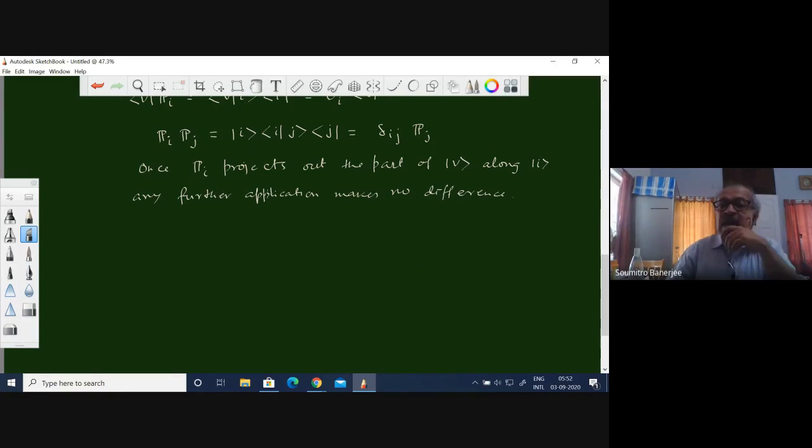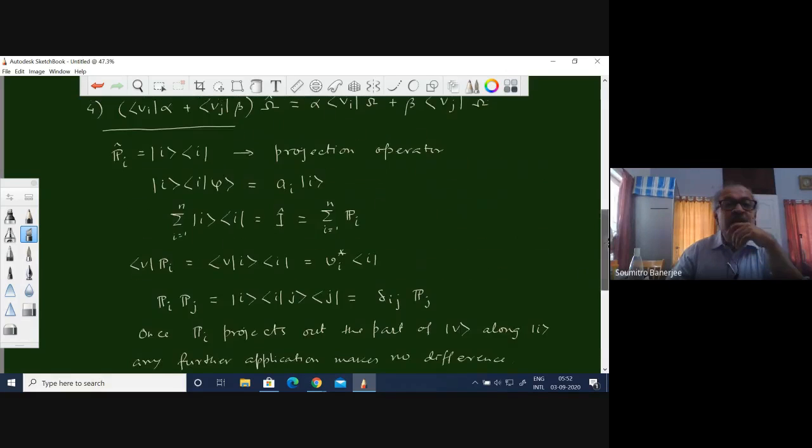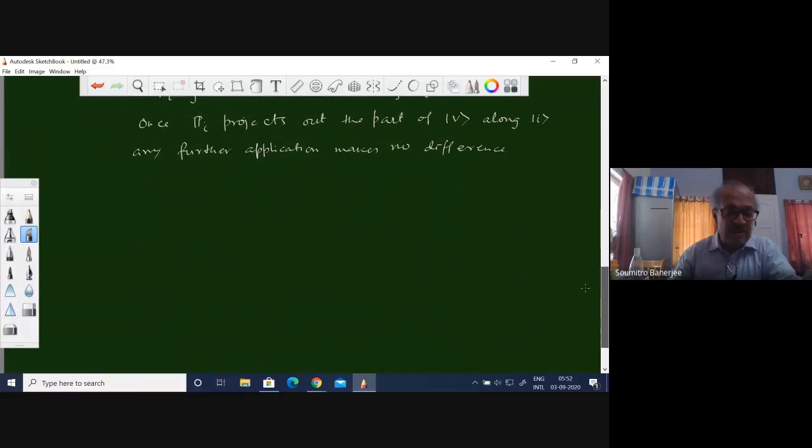By the way, if this is an operator, then obviously any operator, as you learned in the last class, is a matrix. So how do you write out that matrix? We have seen in the last class, that is a column vector. There will be zeros, and there is some place, the ith place, where it will be 1.